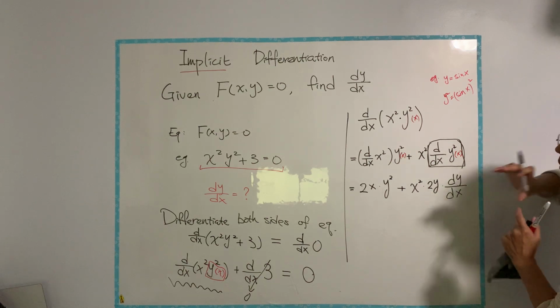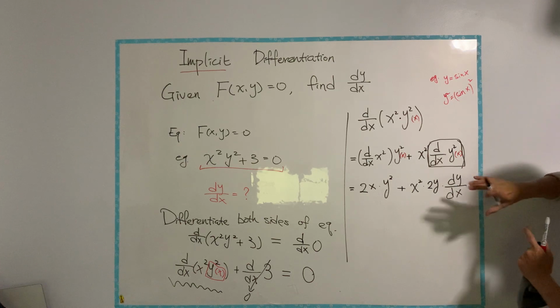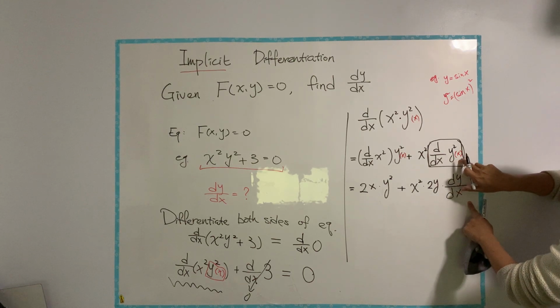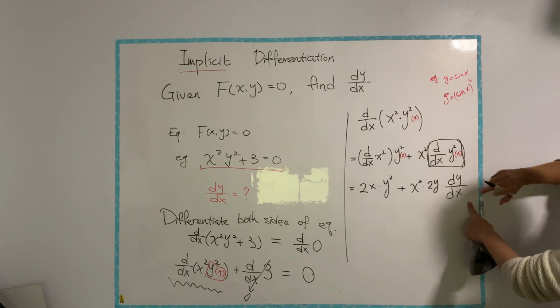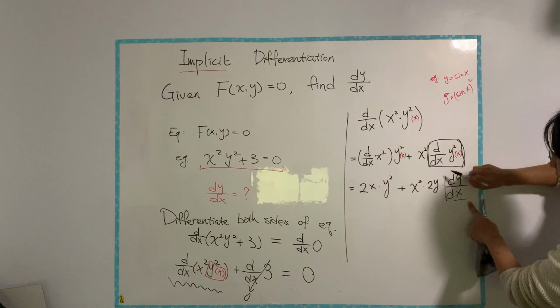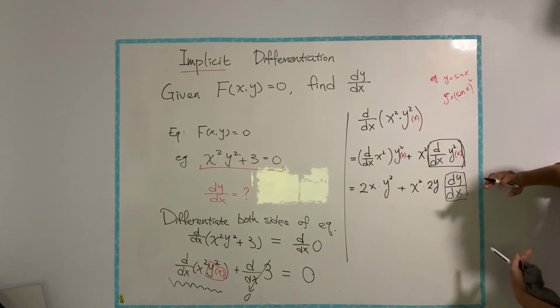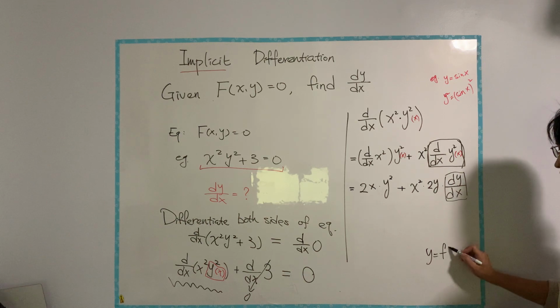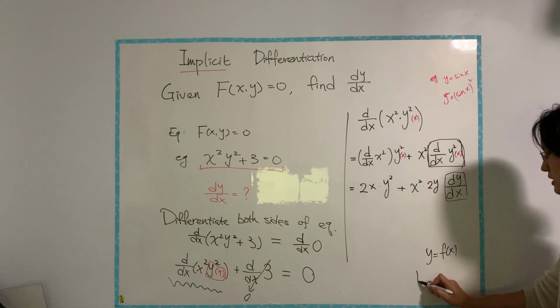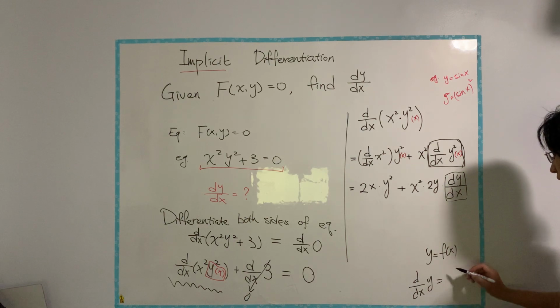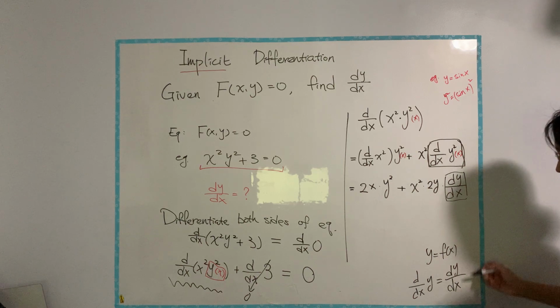I don't know what the y is exactly, but I know I'm supposed to see y as a function of x. So if I differentiate y with respect to x, this is our notation, right? When I have y equals f of x and I want to differentiate this function with respect to x, I write my result as dy dx, right?